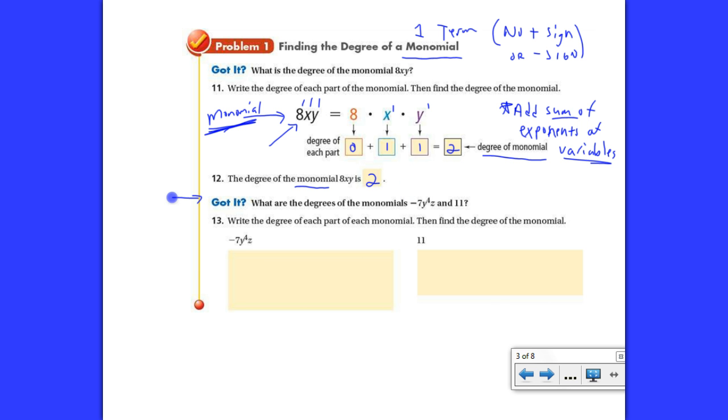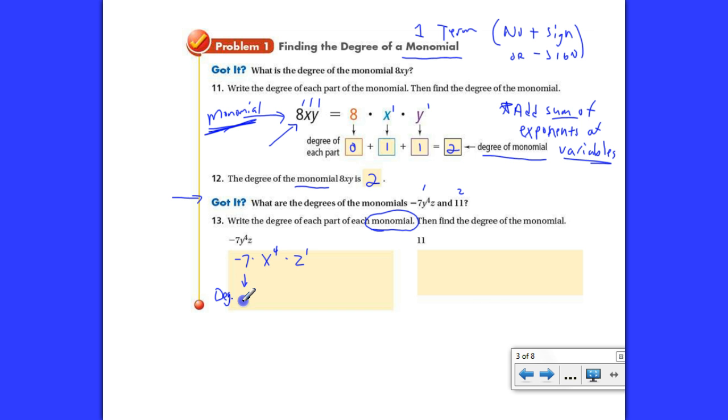So let's test it and practice it. Number 13 says, find the degree of each of these monomials. Here are two different monomials, question 1 and question 2. Question 1: you have negative 7 times x to the 4th times z to the 1st. Again, I can't emphasize enough, we're talking about the degree of the monomial. I'll just put DEG.